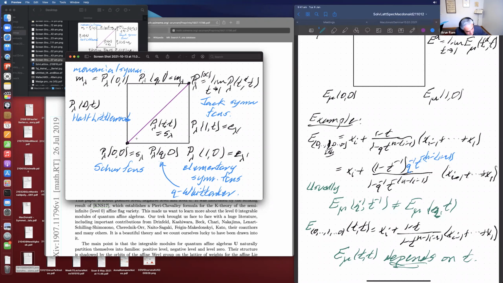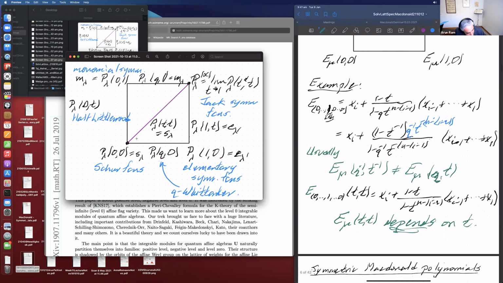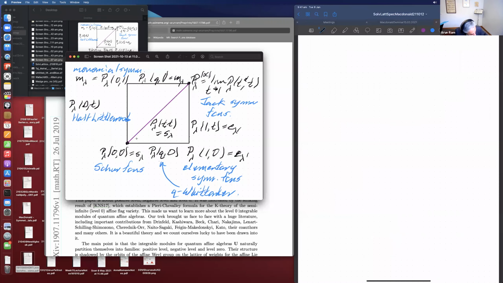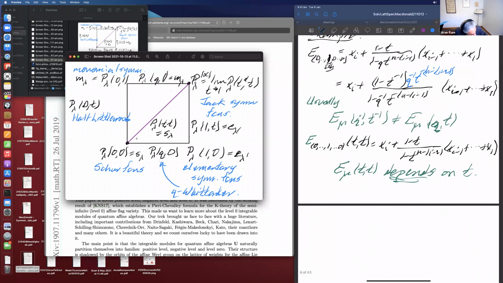On the other hand, if I were to look at E, again, 0, 1 in the I spot, 0, and I look at the alpha version of it, well, that is Xi plus 1 over alpha plus N minus I minus 1, Xi minus 1 plus up to X1.